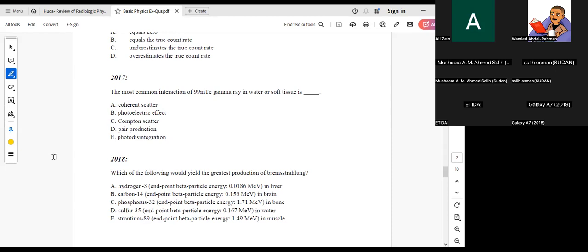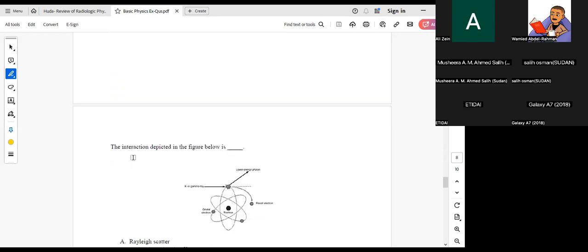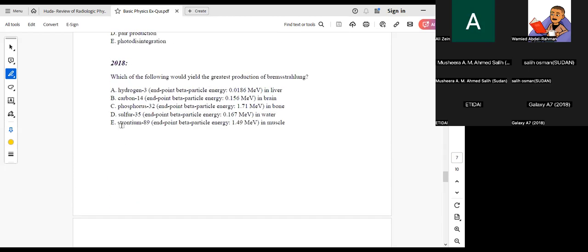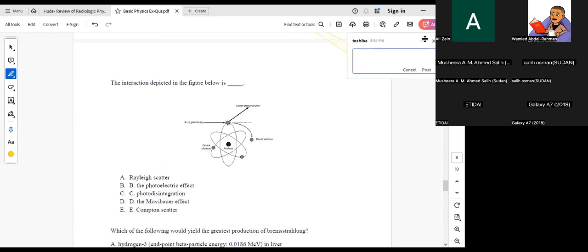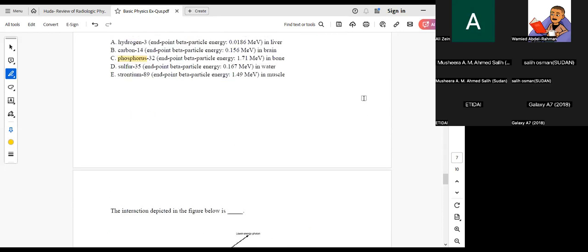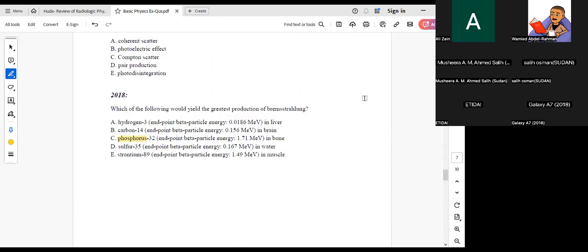Next. This question is an application. The strontium? No, it's the phosphorus, because the beta produced has the highest energy, 1.7 MeV compared to strontium. Yes. This is something we covered in today's lecture, that the intensity will increase with the energy of the electron. Correct.